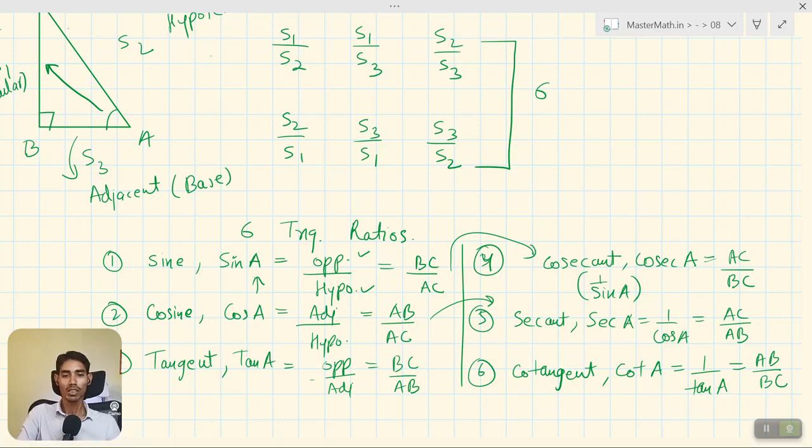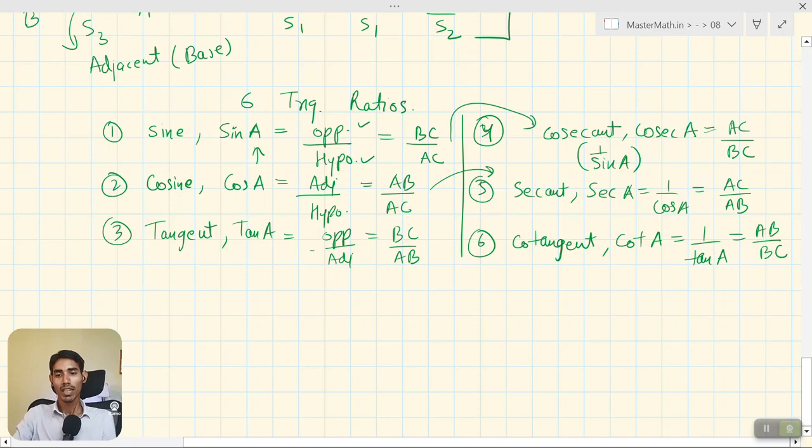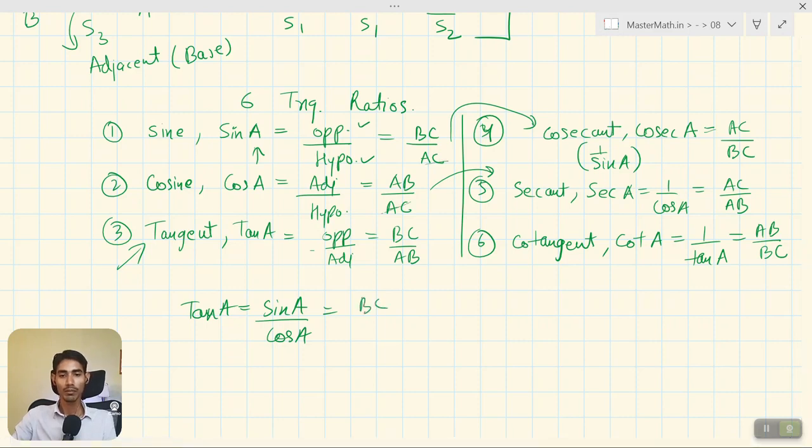Now, one important thing is that the tangent value is the ratio of sine A divided by cos A. So if you note BC by AC divided by AB by AC, AC would get cancelled and we are left with BC and AB, which is the tan value.